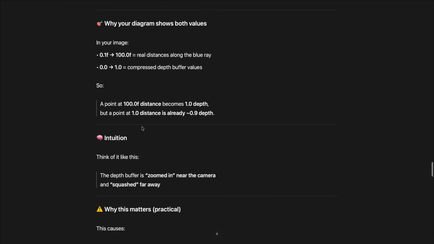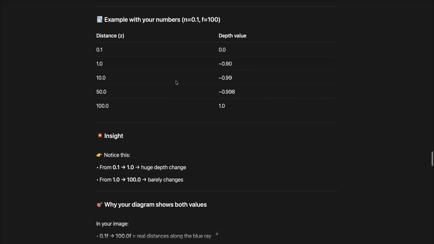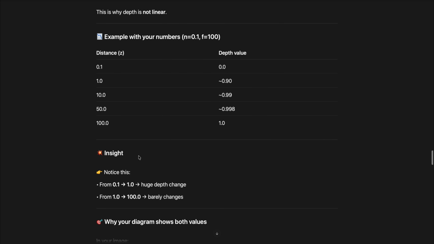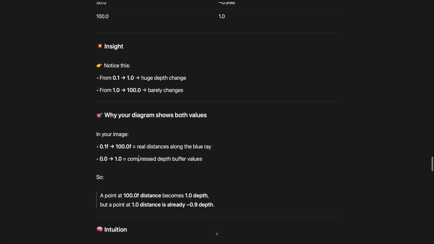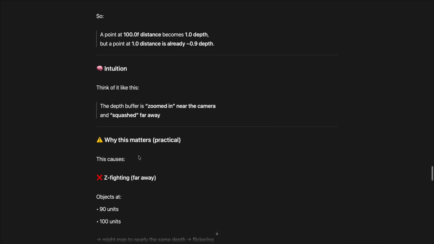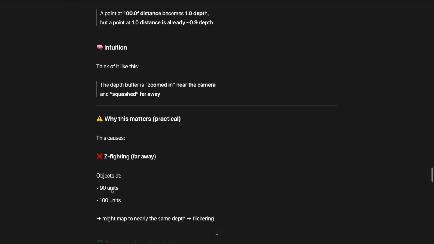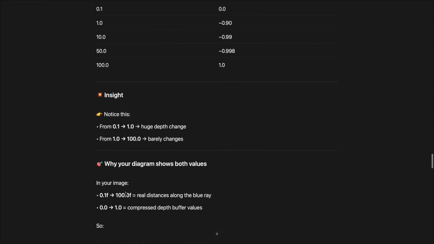Because we have so little granularity between 1 and 100, we basically have just a 0.1 distance, and we might get flickering. We can't afford that.